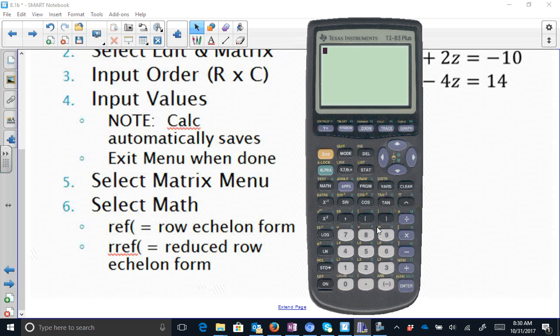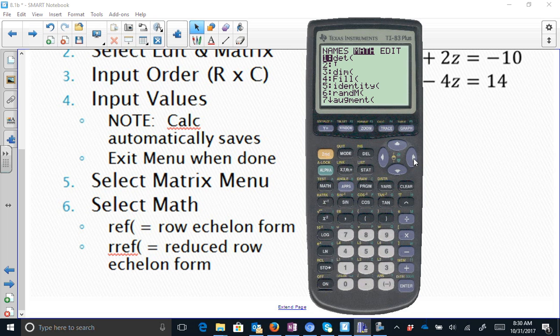Now, if you go back to the matrix menu, second matrix, under math, these are all of the commands that we can do. Now, you don't know what DET or augment or any of that means, but if you arrow down, A and B are REF and RREF. What do you think REF stands for? Row echelon form.